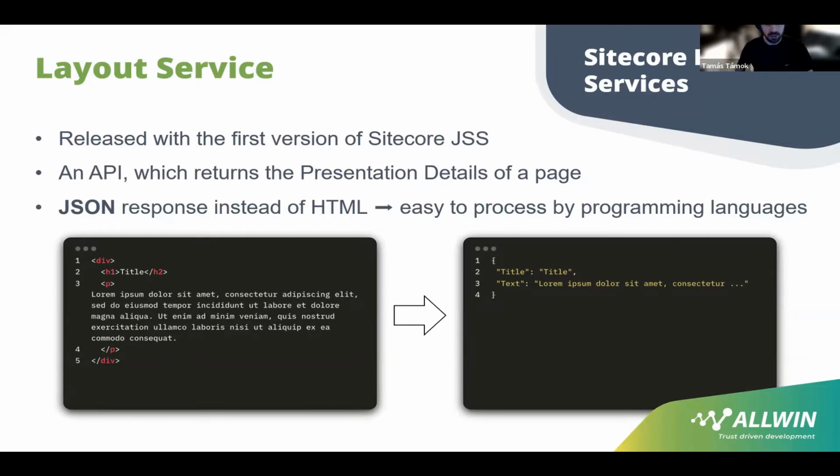So actually the layout service has been out there since the first version of the Sitecore JSS. It was maybe released 4 years ago, so it's not that new. But this is basically an API which is giving you back the presentation details of a page with all the placeholders, content, and the positions of the components on the page in a JSON format.